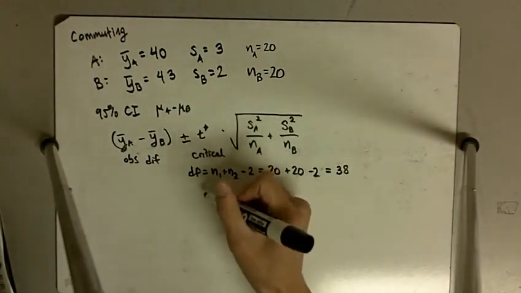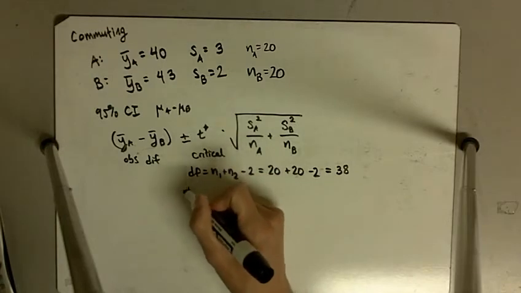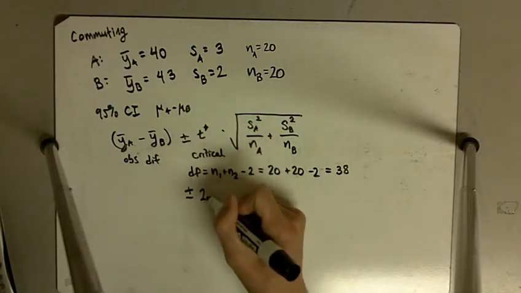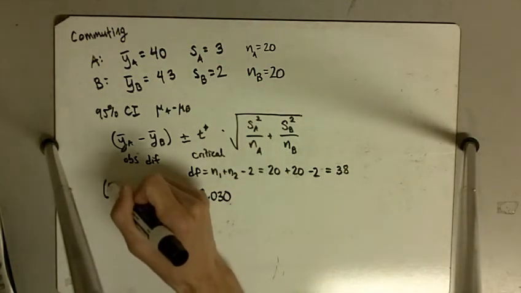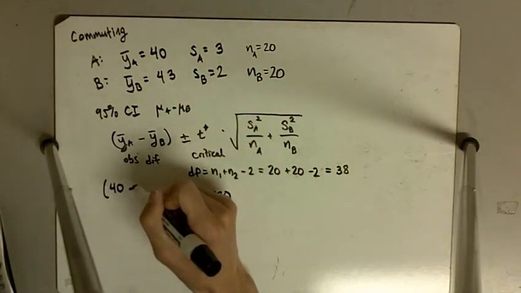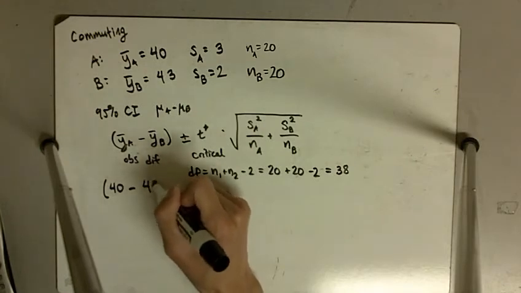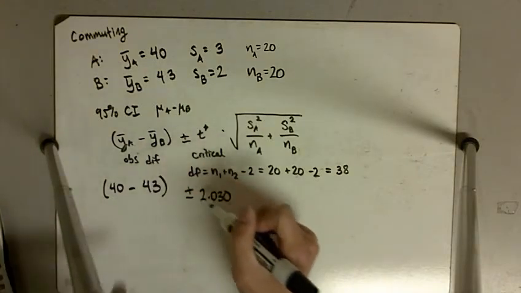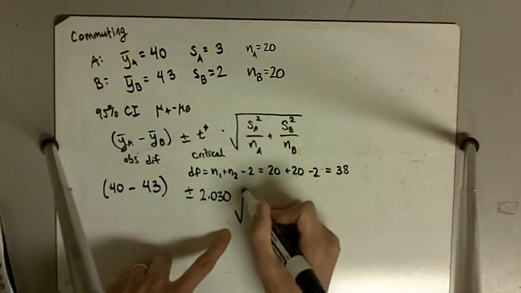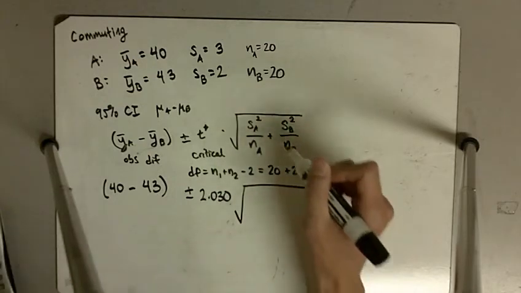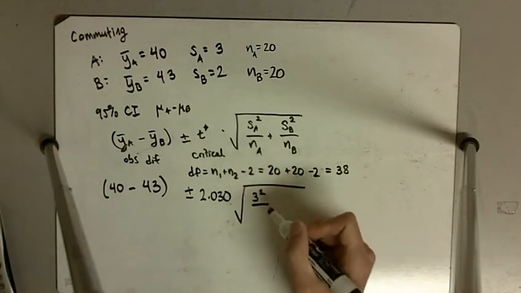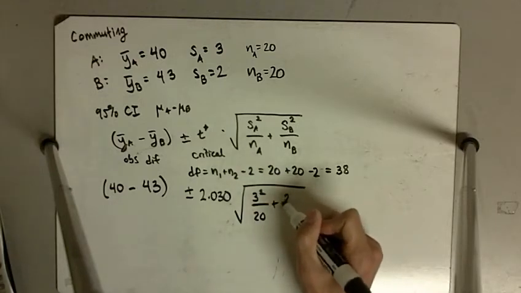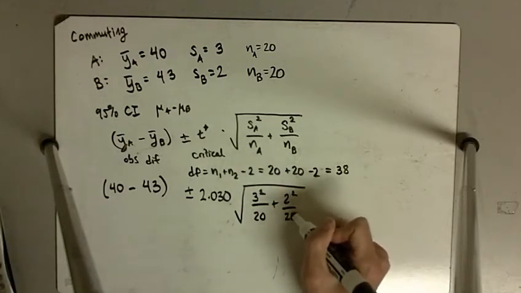Okay, so let me just put down 2.030, and I'm going to plug in all of the numbers that I have. Group A's mean is 40, group B's mean is 43. So 40 minus 43 plus or minus 2.030 times the square root of 3 squared divided by 20 plus 2 squared divided by 20.